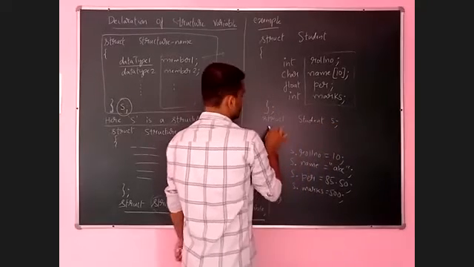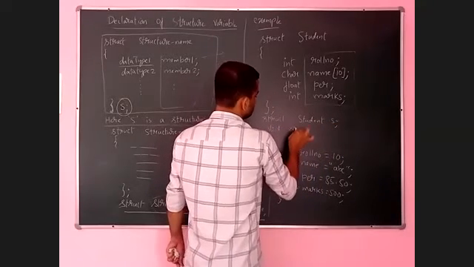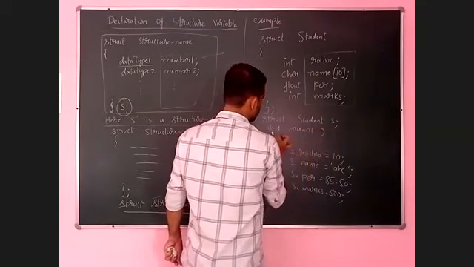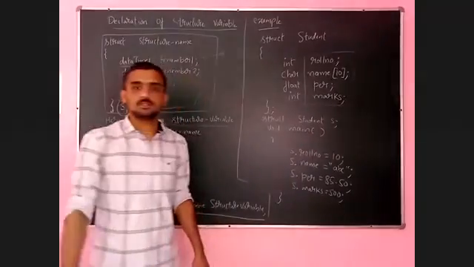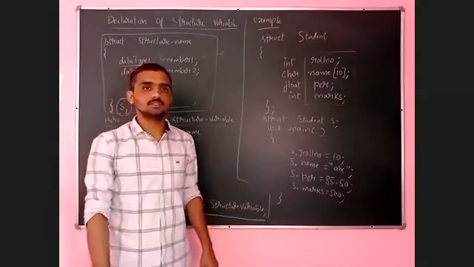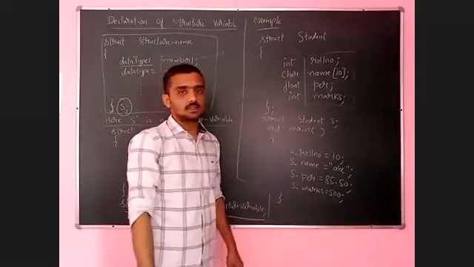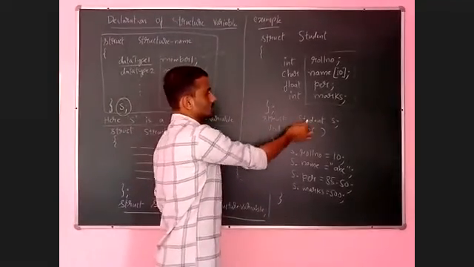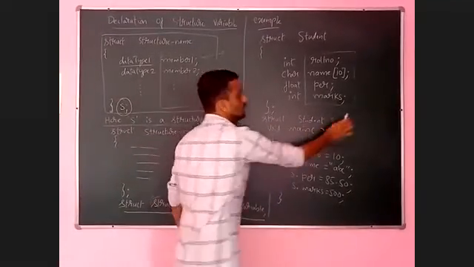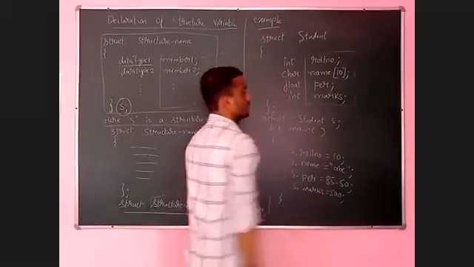Then we write the main function. I hope you people got the difference. Put the semicolon, that is the end of the structure declaration. In the next line: structure keyword, structure name, structure variable. Then put the semicolon. Now memory is allocated.